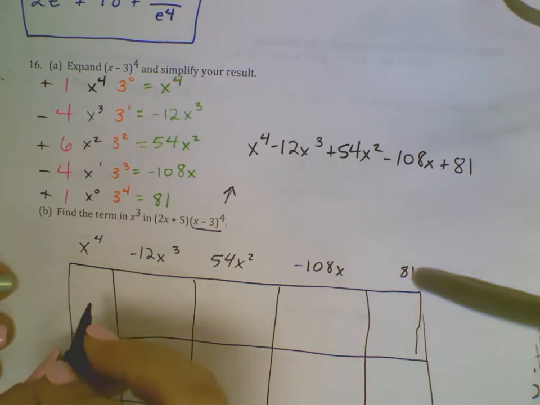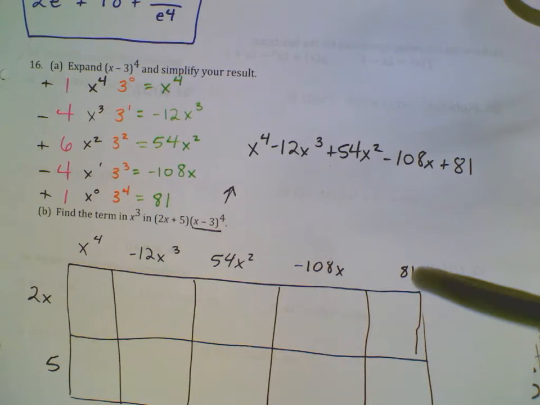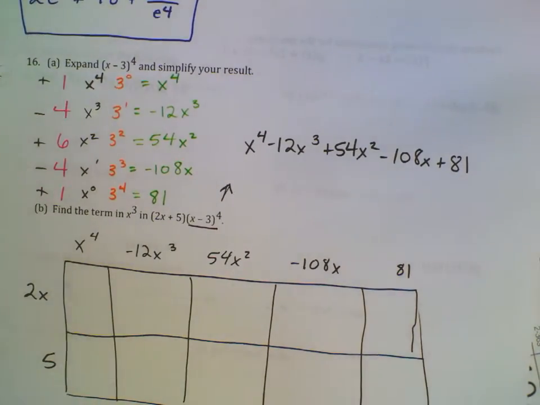Then I'm going to multiply that by 2x and a positive 5. So, one second, let me get that cord out of the way.